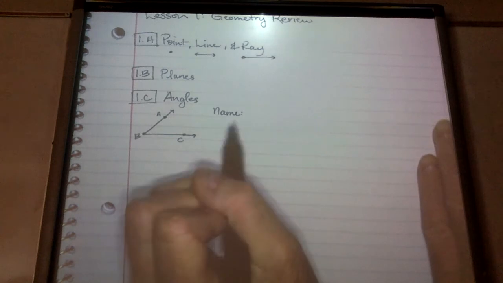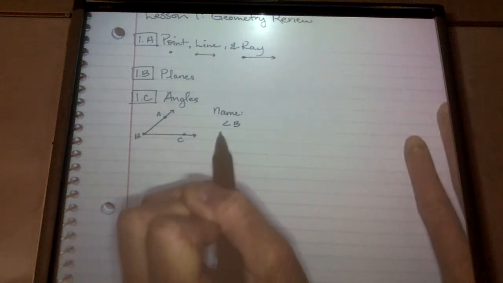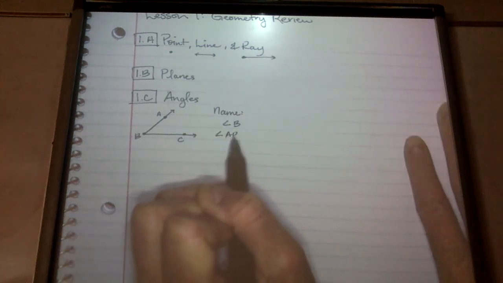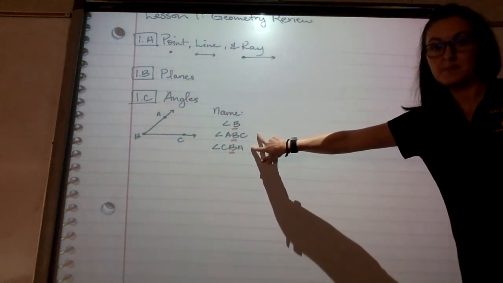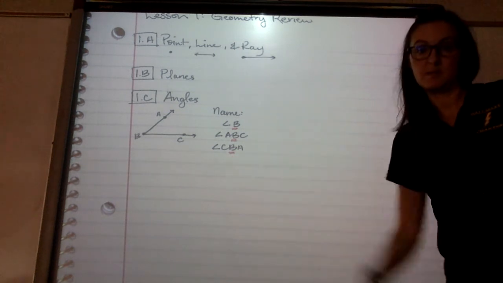When they refer to an angle, you need to know what they're talking about. So I can either say that this is angle B, and that's how I would write it, or I can use all 3 points. So I could say angle ABC, or I could call it angle CBA. But notice what's important is that the B is in the middle when you're using all 3 letters. That's how I know this is angle B, because B is in the middle.